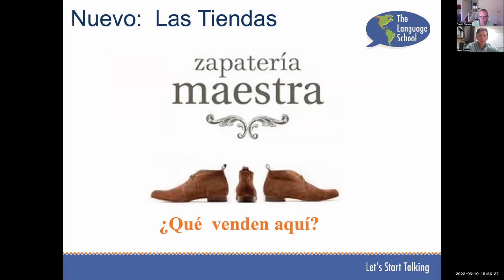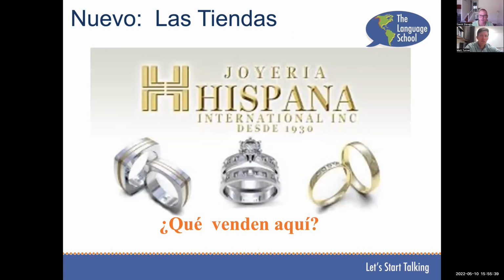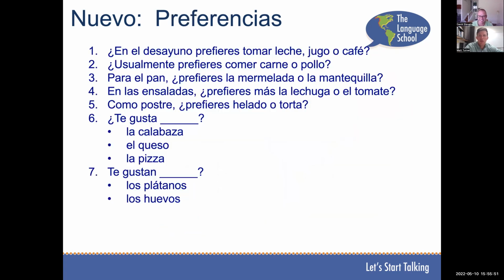Venden zapatos. ¿Y qué venden en la papelería? Venden papel. Papel, sí. Papel y materiales para la oficina. Muy bien. ¿Qué venden aquí en la joyería? Venden joyas. Joyas. Muy bien, Mateo.